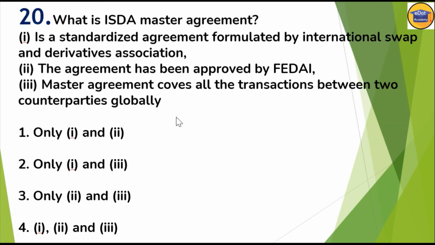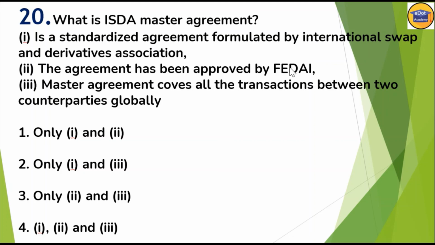Now, the last question of this. What is the ISDA master agreement? ISDA stands for, what is the full form of ISDA? International Swaps and Derivatives Association. So the first option, it is a standardized agreement formulated by the International Swaps and Derivatives Association. This is correct. Second option, the agreement has been approved by FEDAI.